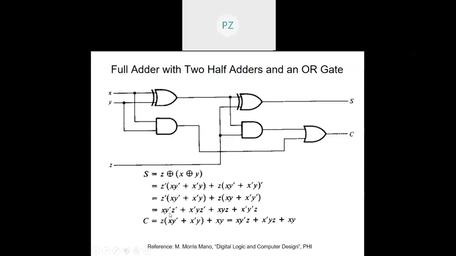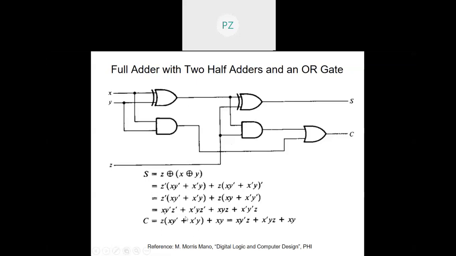So as the next step, z dash xy dash, I can write it xy dash z dash because of commutativity, and then x dash y z dash using distributive property, plus xyz, again distributive property, plus x dash y dash z, right?